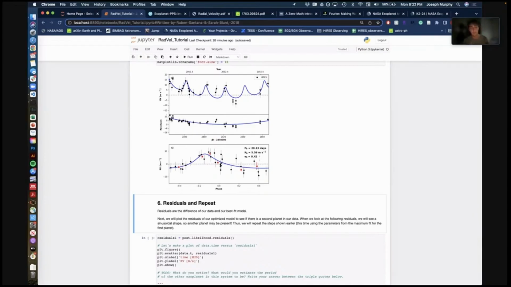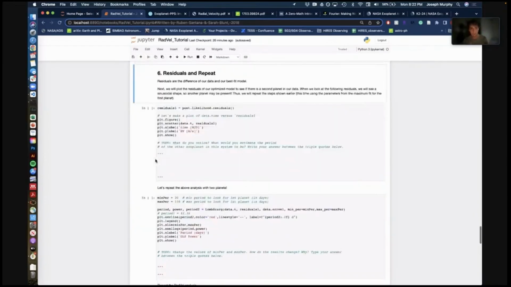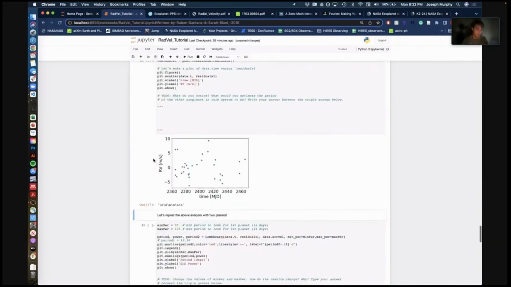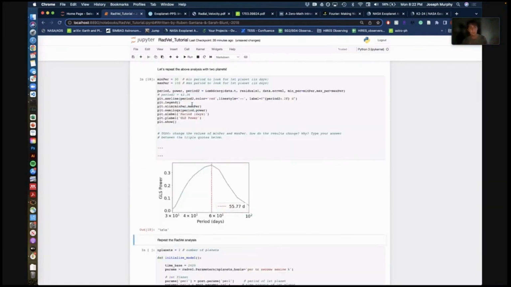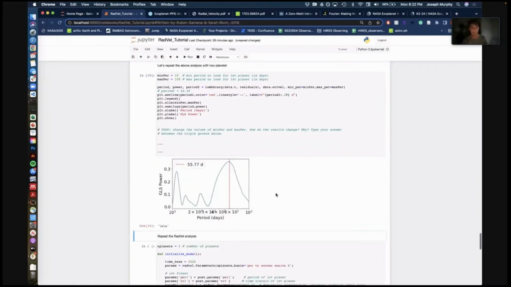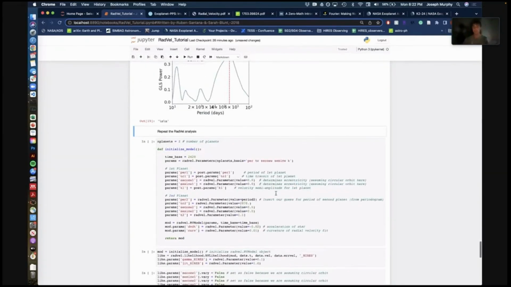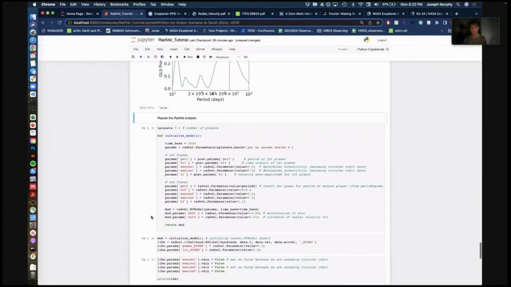So we're going to take the residuals of our model, plot them up first, and then do our periodogram analysis again. Are there any peaks in the residuals that we haven't identified? Maybe there's one at about 55 days. And then we'll add a second planet to our model, optimize it, and see how it goes.